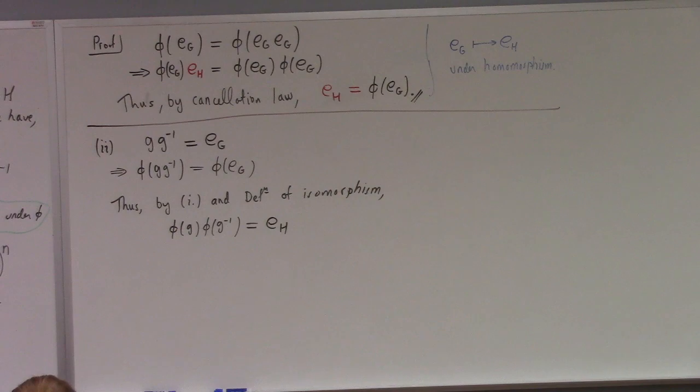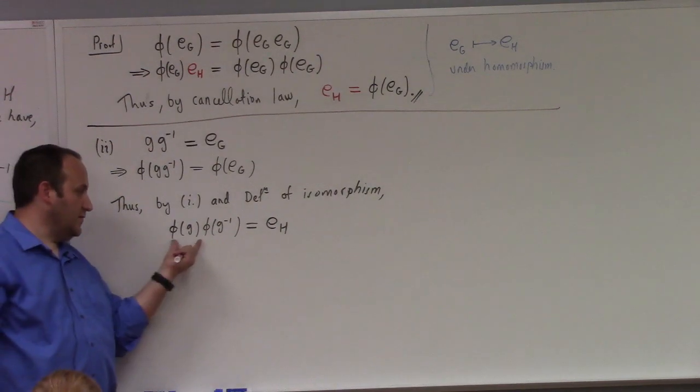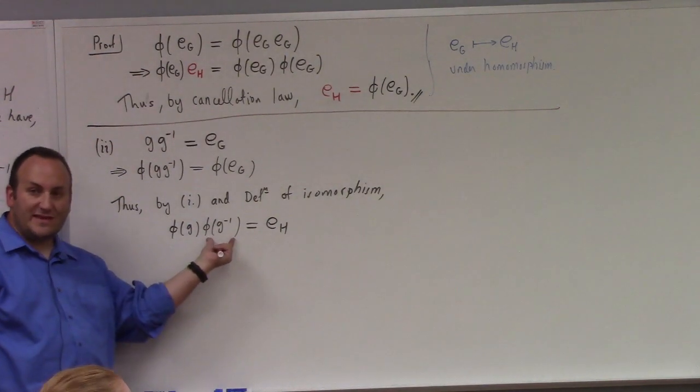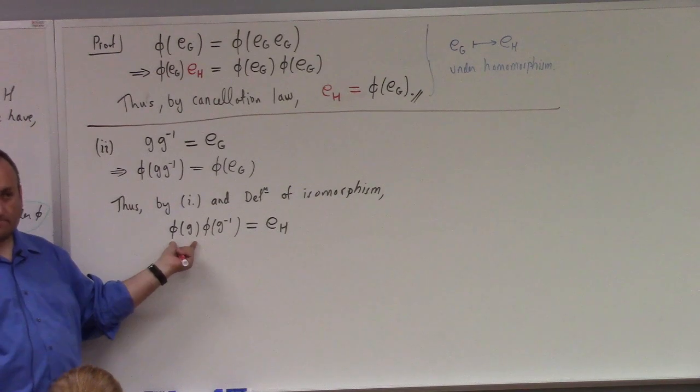What did we prove last time? Or the time before? At some point, we have proved that the inverse, or you should have read, that the inverse, I forget. Let me stop digressing myself. So this shows already that phi of G inverse is the inverse of phi of G, right?